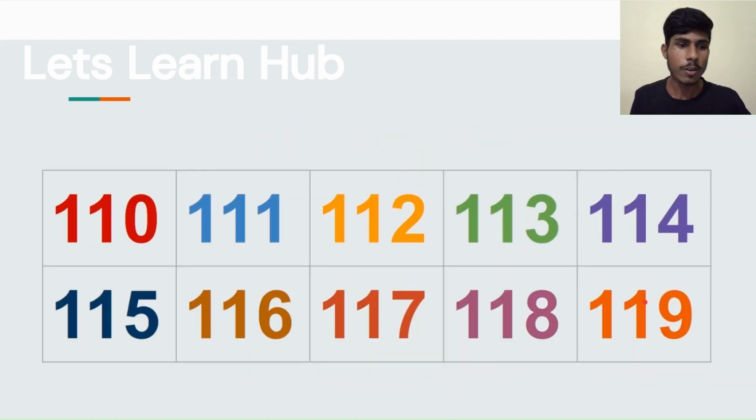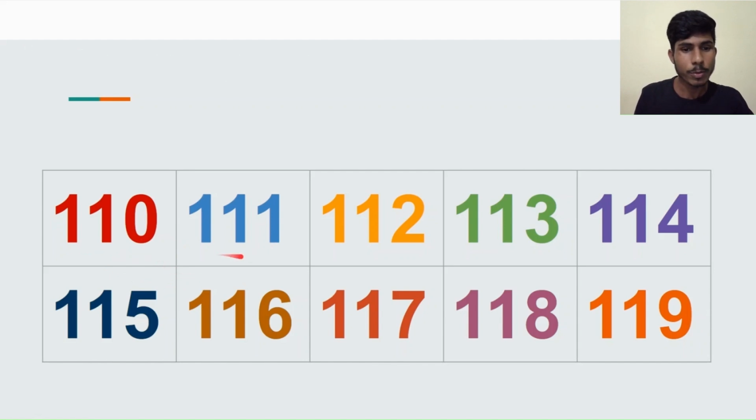So we got 110. And now again it's simple, we always change the rightmost digit, right? So we change this 0 to 1, we'll get triple one, that is 111. And we need to change this 1 now, and we'll get 112.